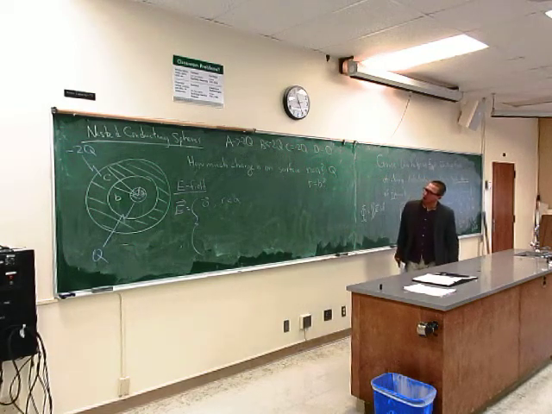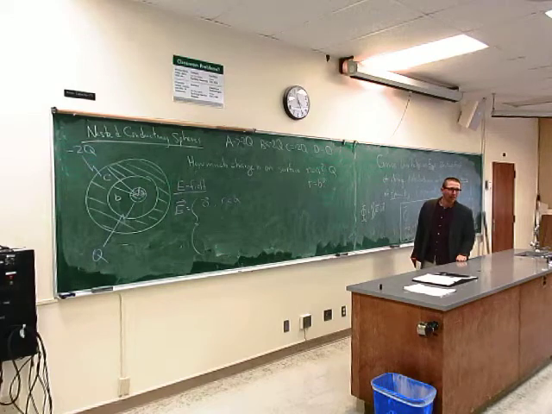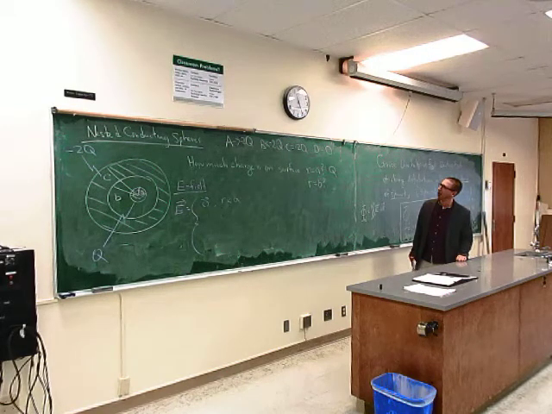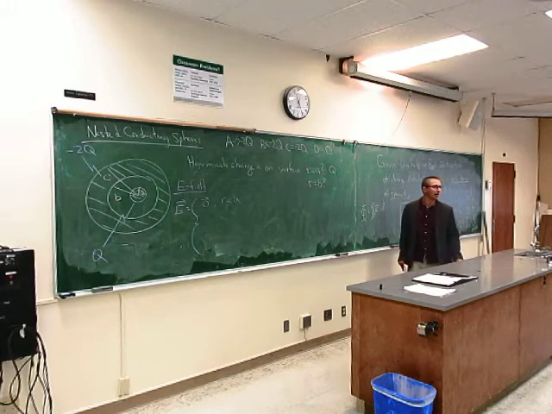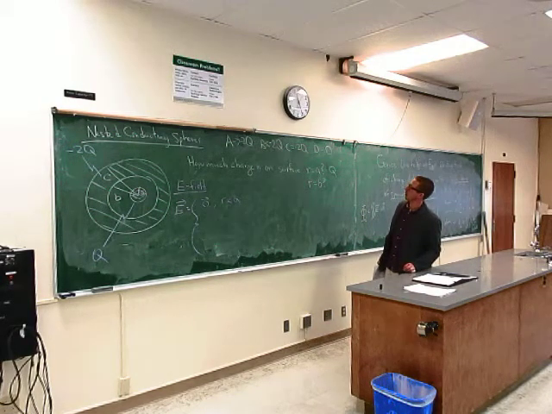So how much charge is on the surface R equals B? Is it greater than negative 2Q? Is it less than negative 2Q? Is it equal to negative 2Q? Or does it equal 0?